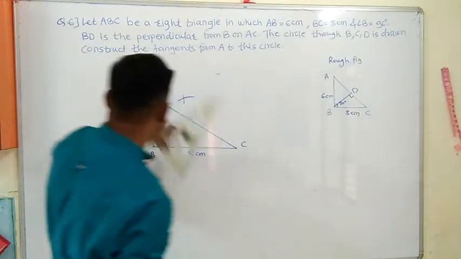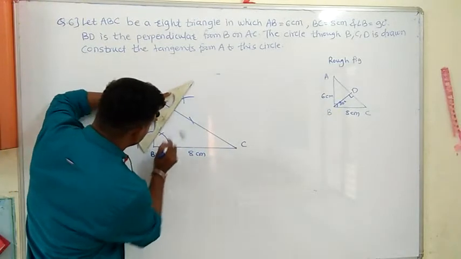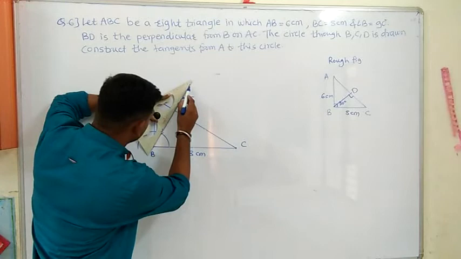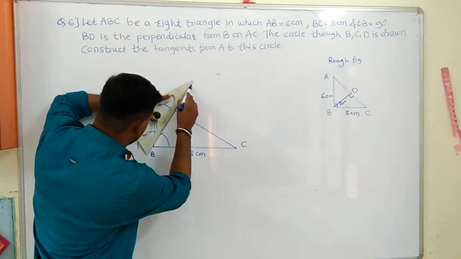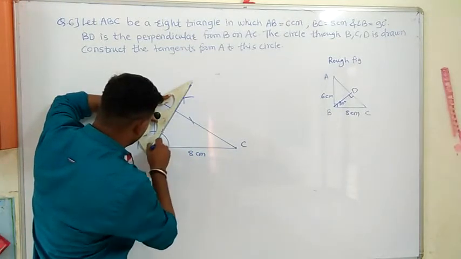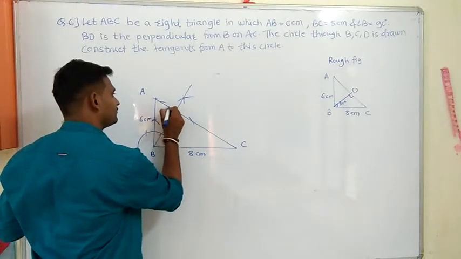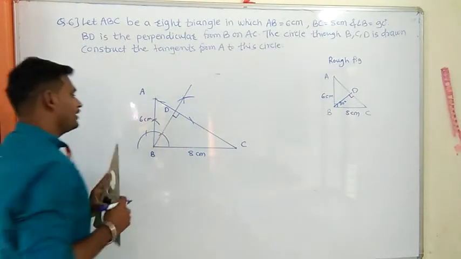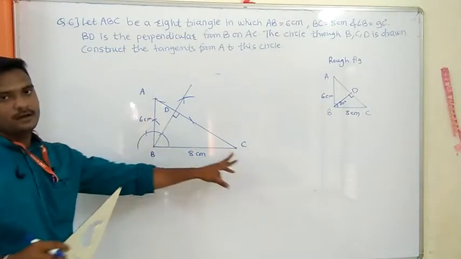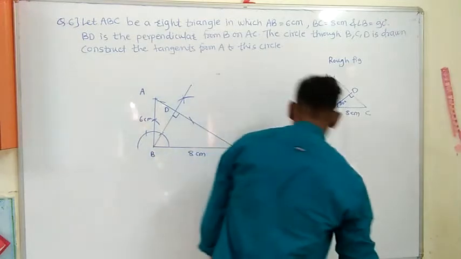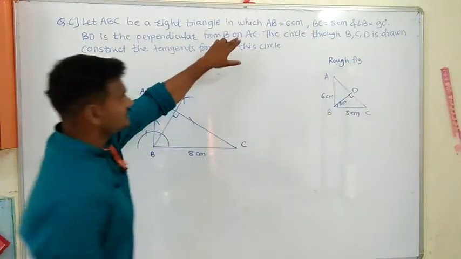Now, from the point B, join these 2 points to the point B. Now we got this perpendicular BD. This point is D. This point D is a perpendicular to the AC from the point B. We got this. Now, up to this much is completed.